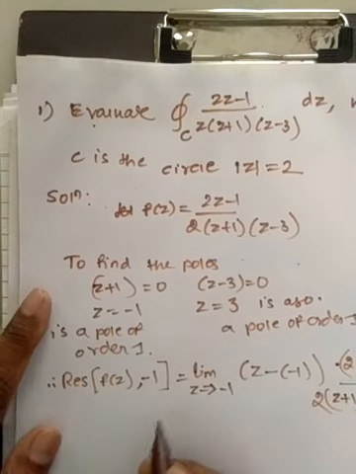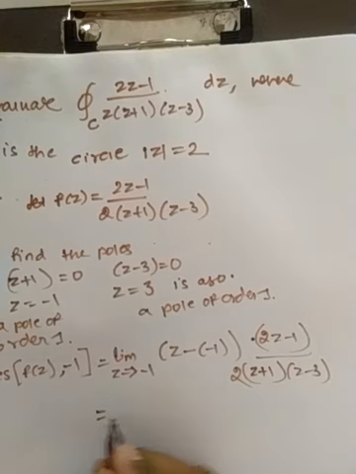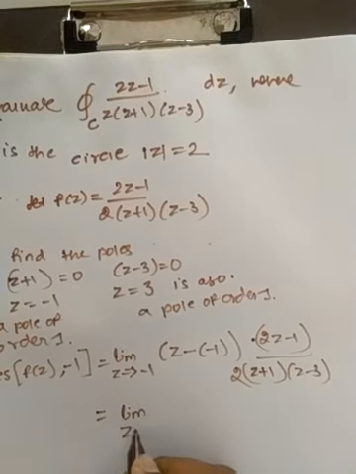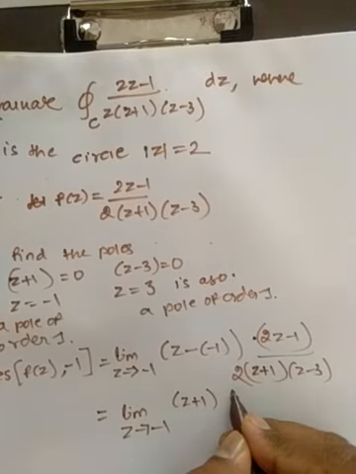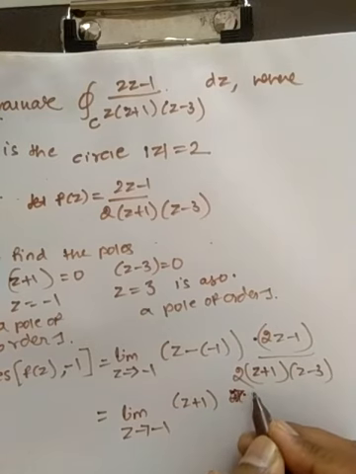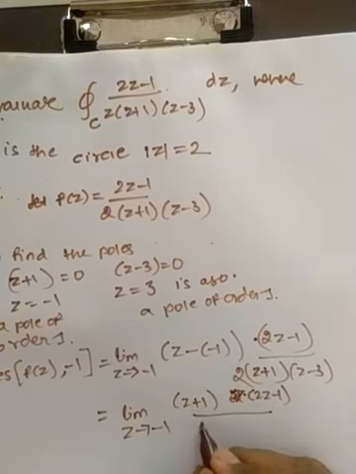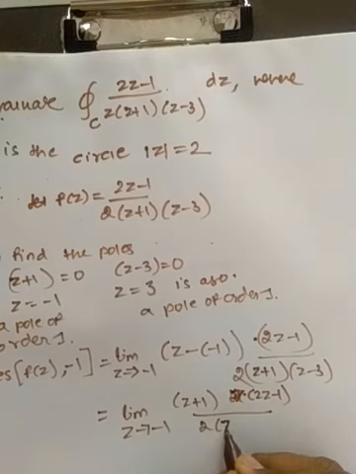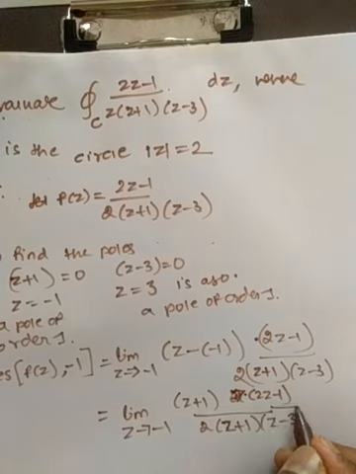That is limit as z tends to minus 1 of (z plus 1) into (2z minus 1) whole divided by 2 into (z plus 1) into (z minus 3).